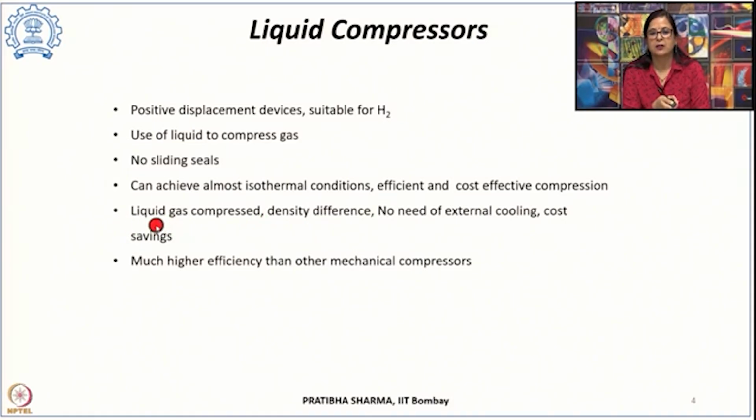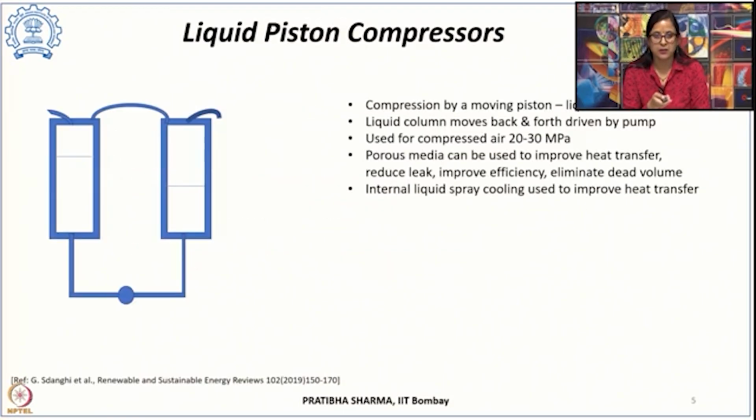As such there is no requirement of any external heat exchanger or any external cooling with these types of compressors. So, we can have a cost saving when we are using these types of compressors. They are much more efficient compared to the other mechanical compressors.